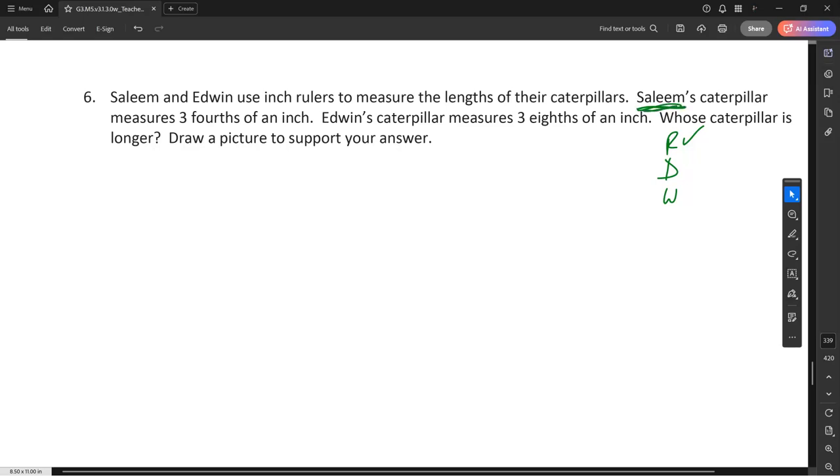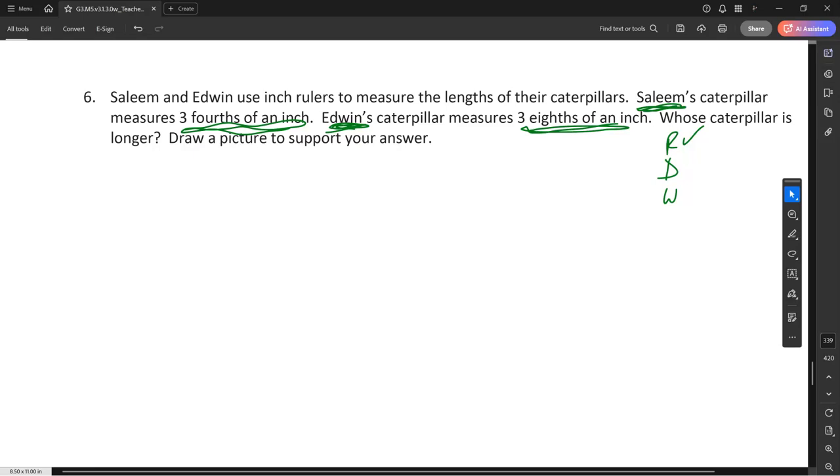Okay, Salim's is 3/4 of an inch. What else do we know? Mia? Edwin's is 3/8 of an inch. And they want to know whose is longer, right?